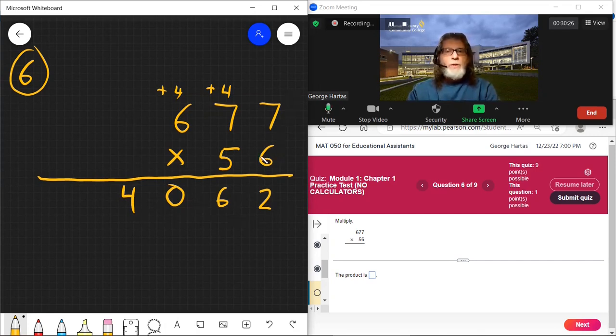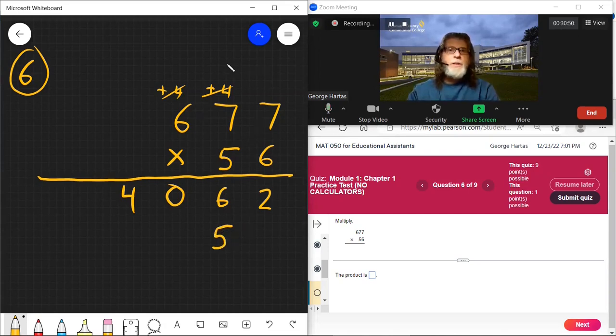Now, we just finished with the 6. Don't erase these, keep these, but let's cross these out like that. So that way we don't get mixed up when we multiply with the 5. So it's going to be 5 times 7. 5 times 7 is 35. Right-hand digit goes underneath the 5 right here.